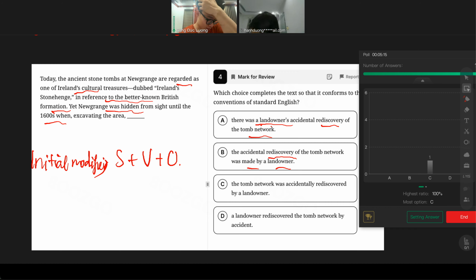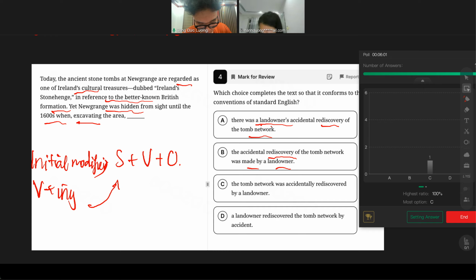The initial modifier will be in the verbing form, and the verb in the initial modifier will represent the action of the subject.